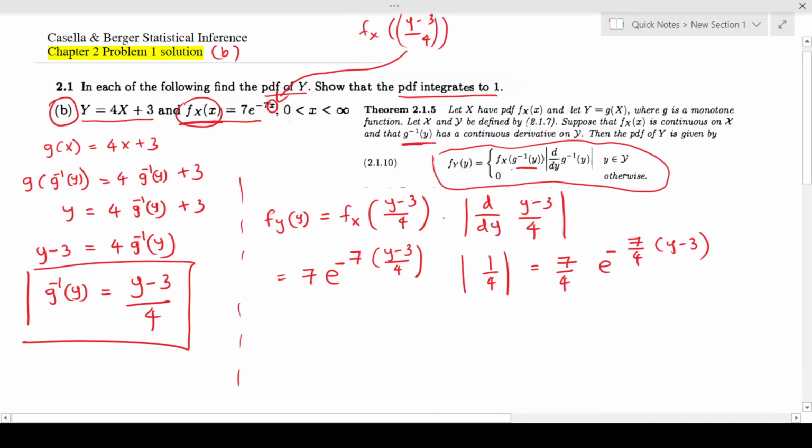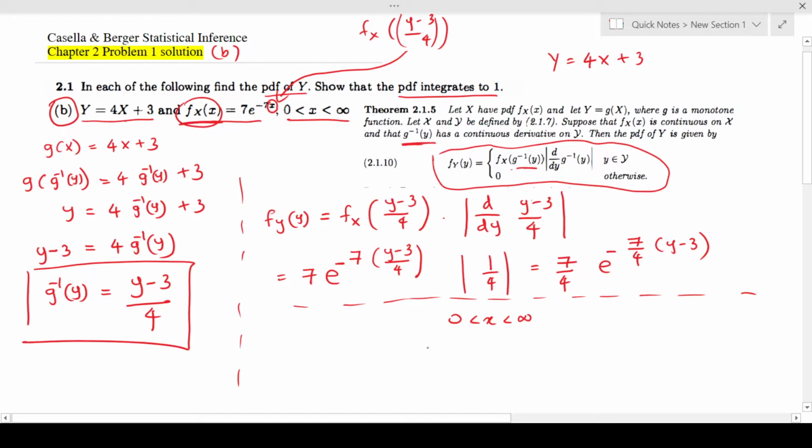Now, x ranges from 0 to positive infinity. Let's find the range of y as well. The relationship between x and y is y equals 4x plus 3.